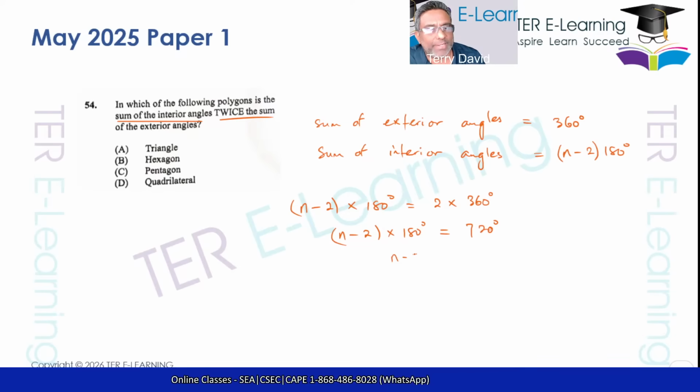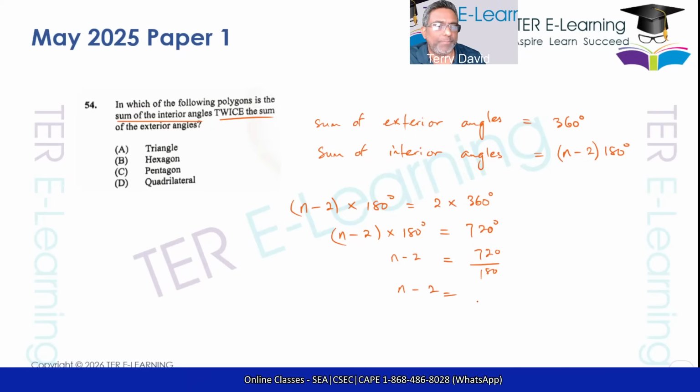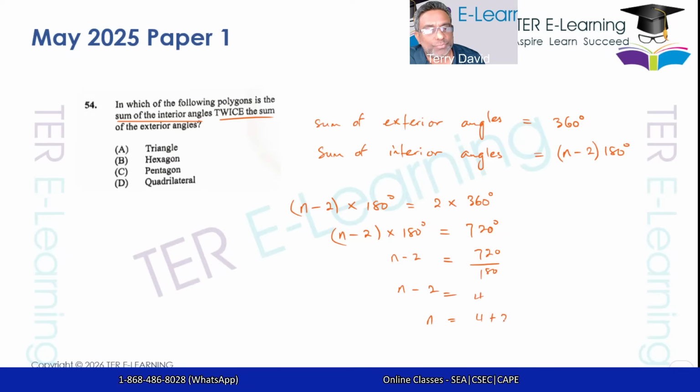So therefore n minus 2 is equal to 720 divided by 180, right? So this works out to give us 4. So therefore n is equal to 4 plus 2. So n is equal to 6. So if n is equal to 6, that's a hexagon, right? The answer is B.